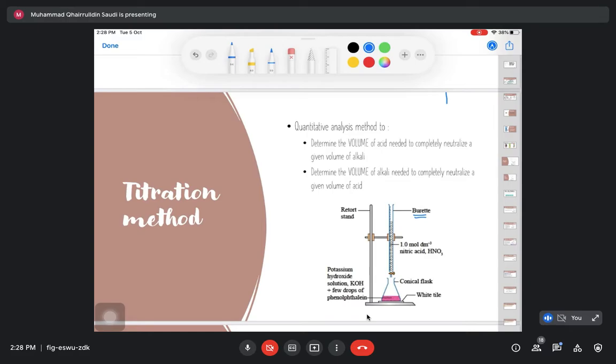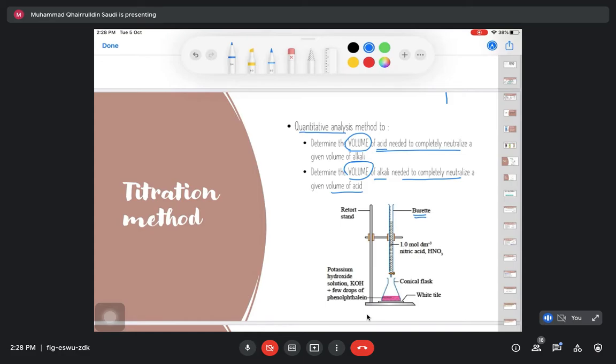This is called titration. Titration is quantitative analysis to determine the volume of acid needed to completely neutralize an alkali, or vice versa, to determine the volume of alkali needed to completely neutralize a volume of acid.